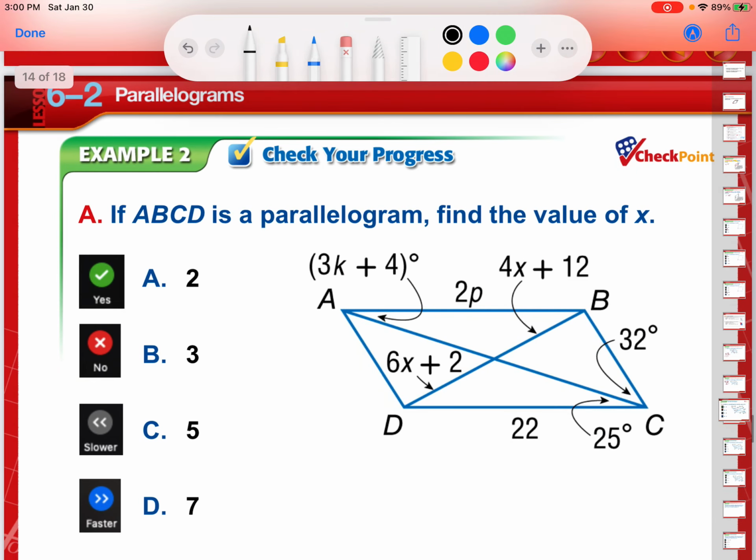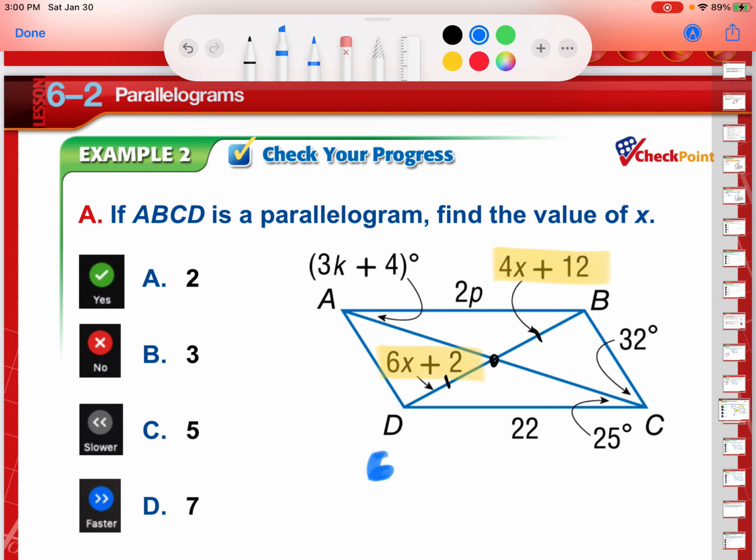Lovely. So if ABCD is a parallelogram, find the value of x. Very similar to the first one we did, we know B to this midpoint is congruent to D to the midpoint, meaning that 4x plus 12 is going to equal 6x plus 2.